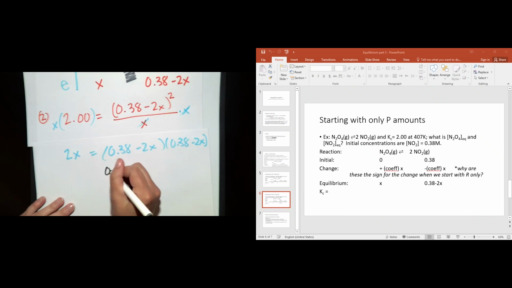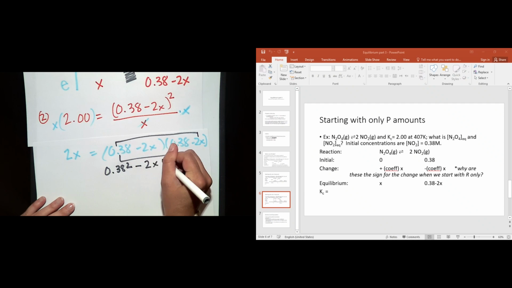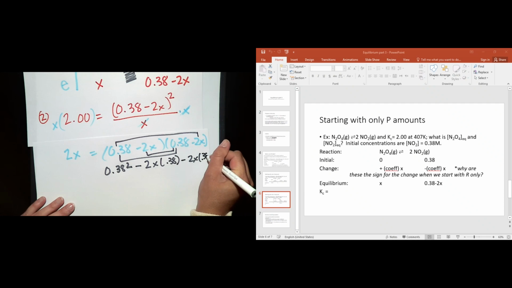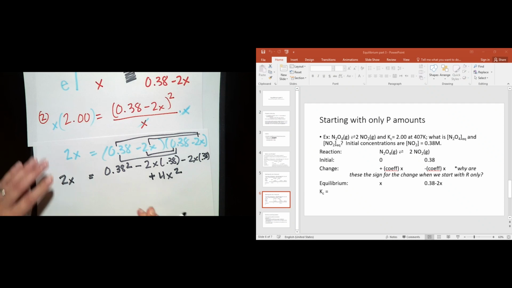All right, so this is first FOIL, 0.38 squared outside, negative 2x times 0.38 inside, another negative 2x times 0.38, and then last, negative 2x times negative 2x is plus 4x squared. And that's all equal to 2x.